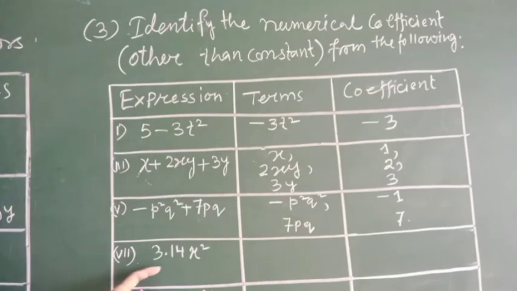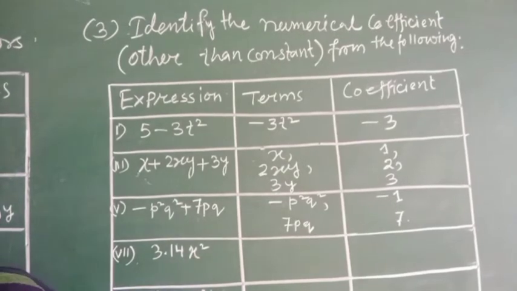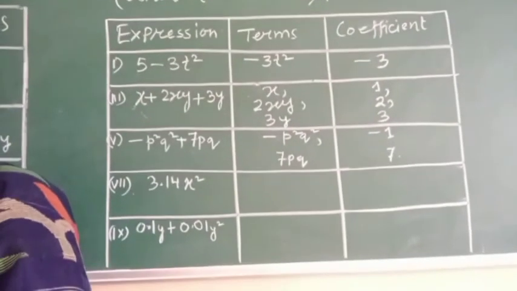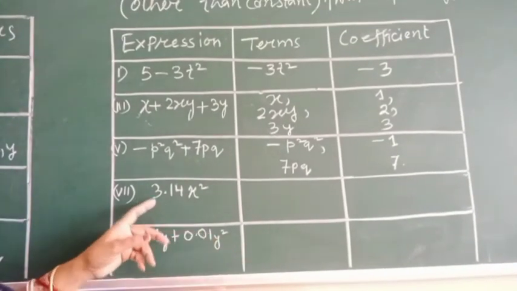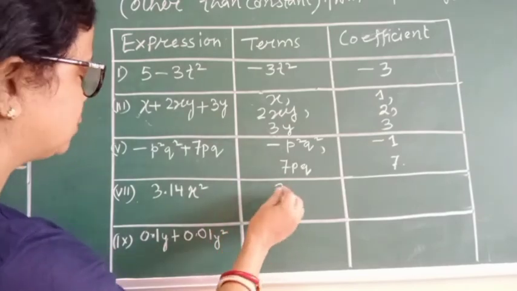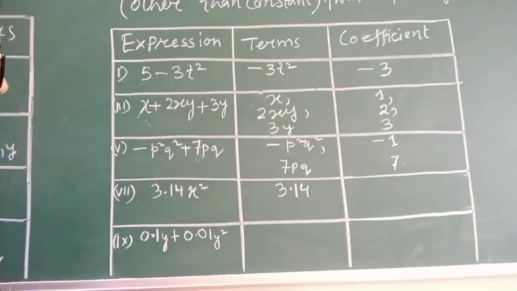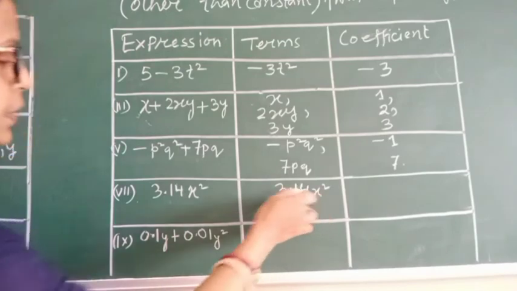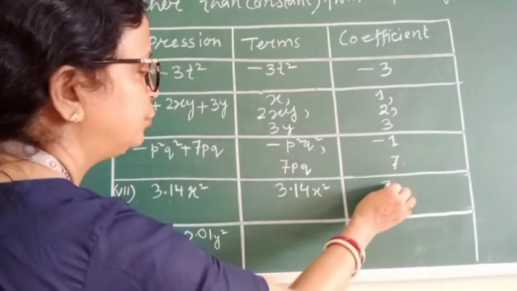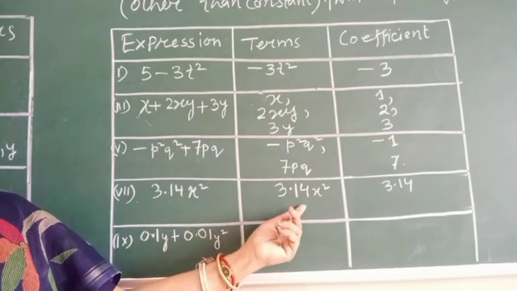Now come to question number 7. 3.14 x square. Here this one you have to write because it's containing a variable. The numerical coefficient of x square is 3.14 only.